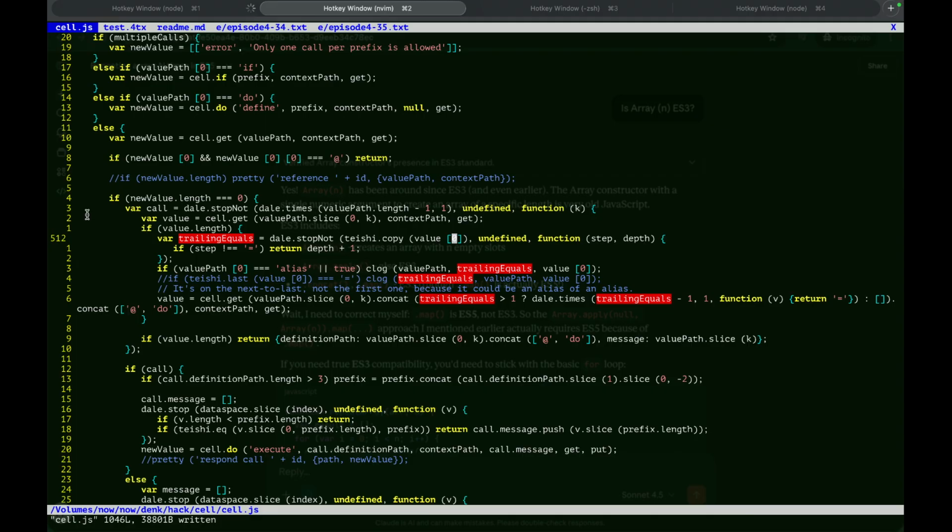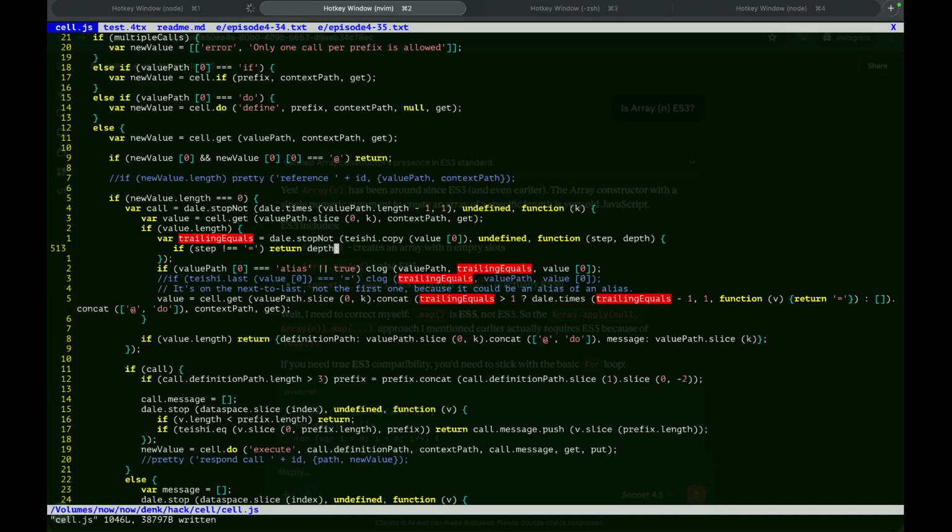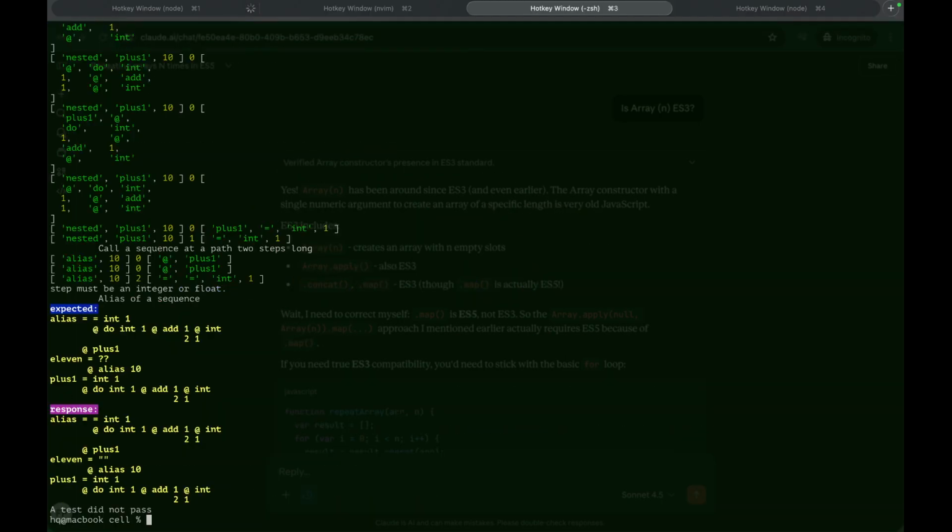What would be depth? This is one of the previous one. Nice, look at this.